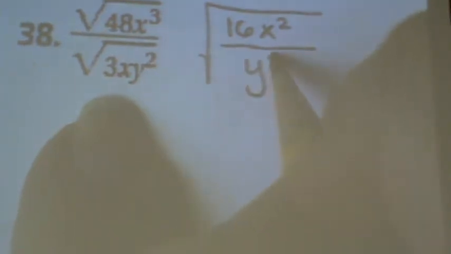Number 38. Since both of these are square roots, we have one big radical. 3 goes into 48 16 times, so in the numerator we have 16 and x squared, and in the denominator we have y squared.